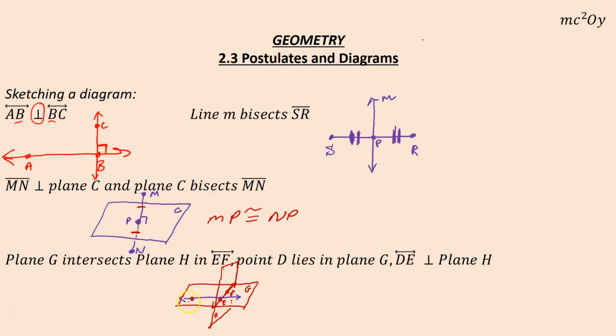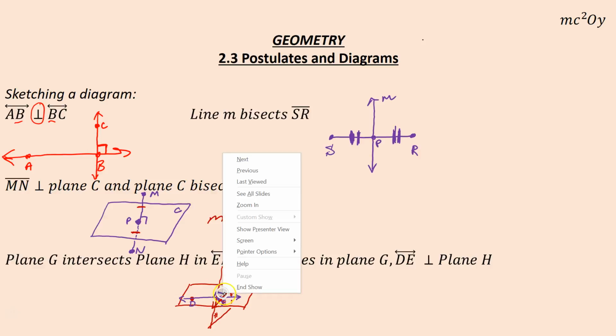So I have this as point D, and I'm going to highlight point E here. And that is perpendicular to plane H. Now remember, this one's plane H, so I would have to have a right angle marking going like so to plane H.